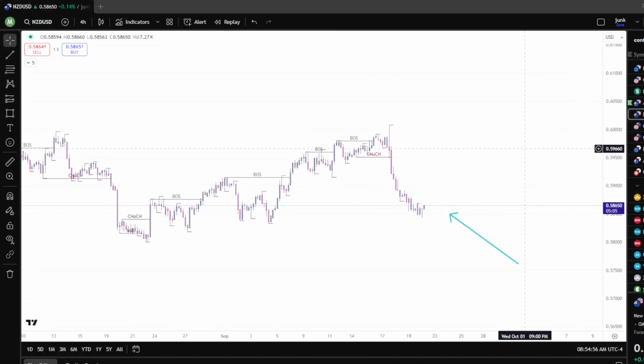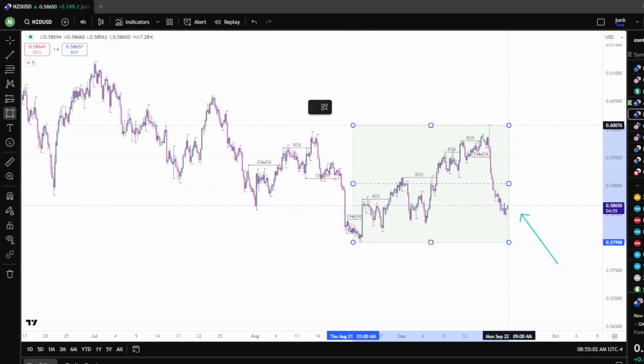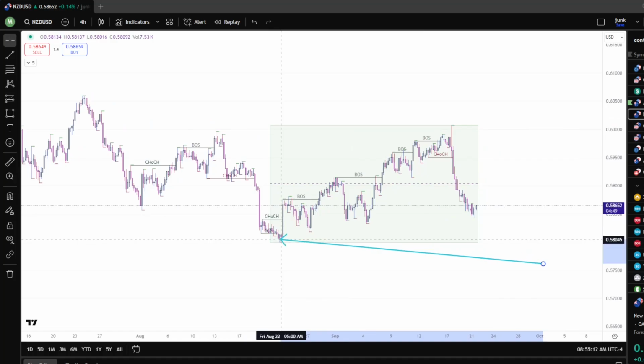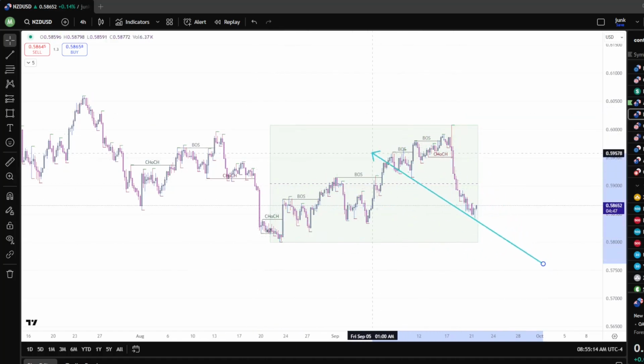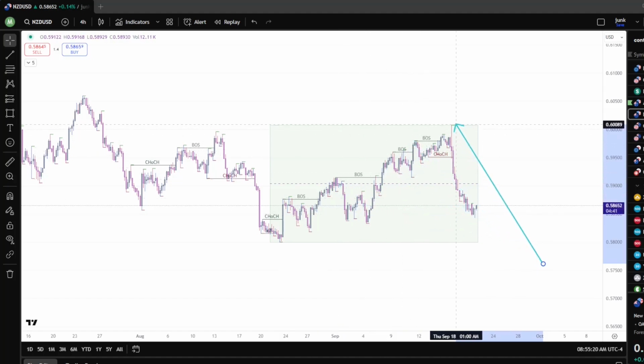NZD USD, let's go map out the current range. And overall, this had been a bear structure with this making the low, but this low is taking out the high after it started making significant gains inside, with buyers making higher highs, higher lows, higher highs, higher lows, higher highs, eventually taking out these highs.